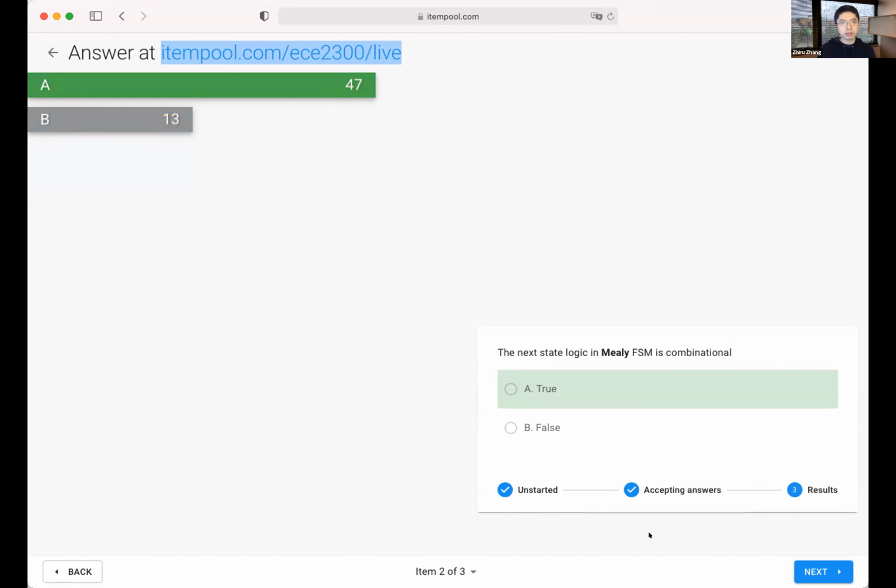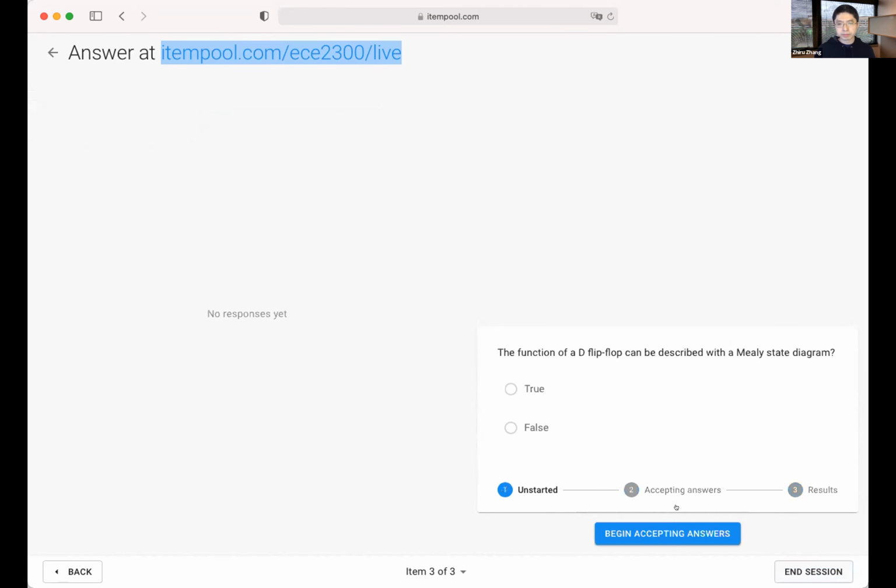Because last time we talked about 3 always blocks that you have to write to describe the FSM in Verilog. So output logic, next state logic, and the logic to update the current state. The only sequential one is the logic where you update the current state. You basically assign the next state to the current state. The next state logic is indeed combinational.